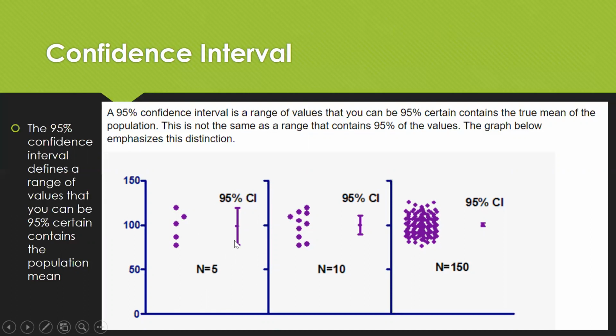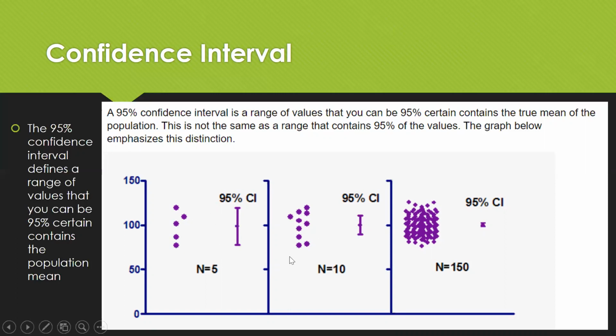Notice when we have a small sample, we have a very large confidence interval where the mean falls, because we don't have a large enough sample to know with what percent of confidence that the true population mean is found between.